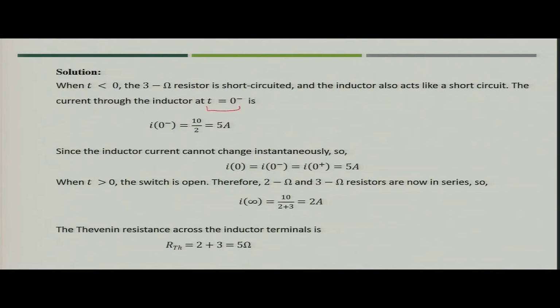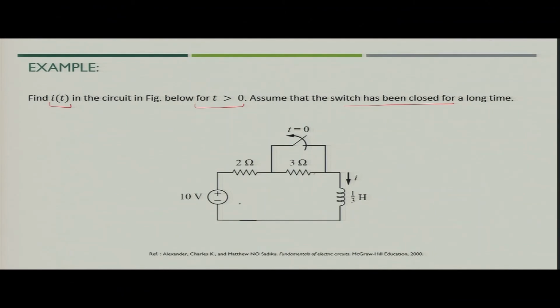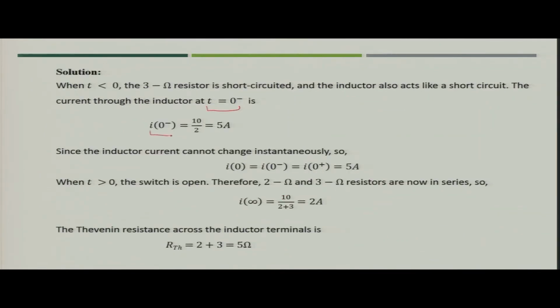You can simply find it by applying KVL, that is, 10 volt would be applied only across the 2 ohm resistance, and it will define the value of current in the circuit. So, I naught is nothing but 5 ampere, and now we know that the inductor current cannot change instantaneously.